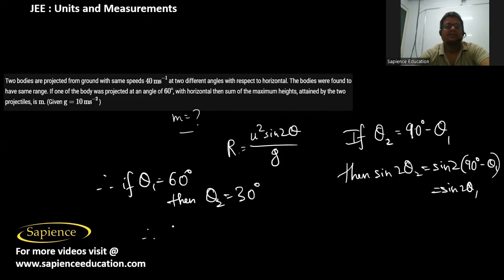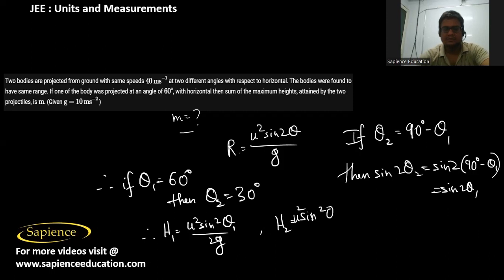And therefore, the maximum height attained by the first projectile, let's say that is h1. So h1 will be equal to u square sine square theta 1 by 2g. And h2 will be equal to u square sine square theta 2 by 2g.